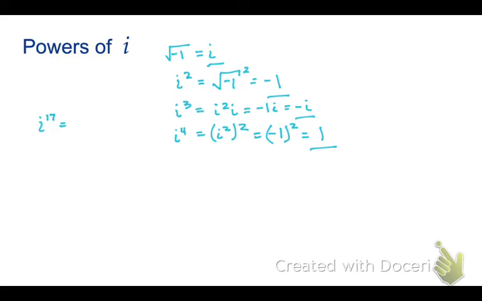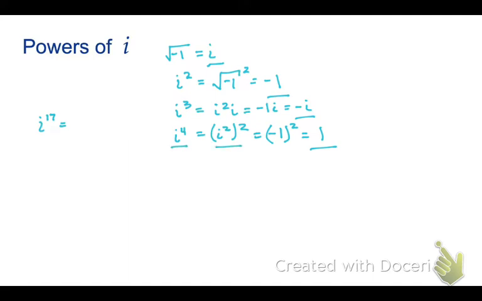Or anybody have a better idea? I mean, we could repeat it and go through it till we get to 17, couldn't we? Yeah, I don't want to do that, do you? No. Okay. Well, we know that we can break things up. Like when I had i to the fourth, I made it i squared squared, right?